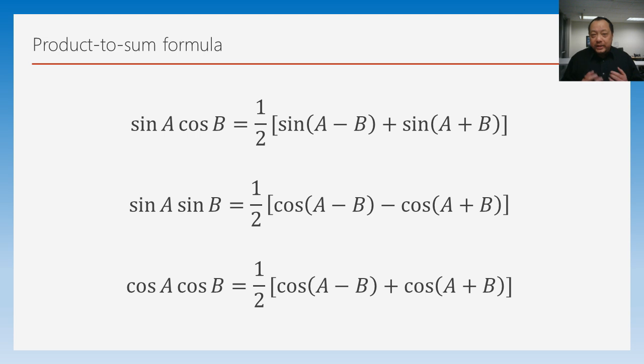And when you play around with the algebra on them, they become these formulas. To be honest, I never remember those formulas. I always derive them from scratch, from the sum of angles and difference of angles. So you may want to look back at your trig notes to see how it's done, because you probably don't want to have to memorize too many formulas.